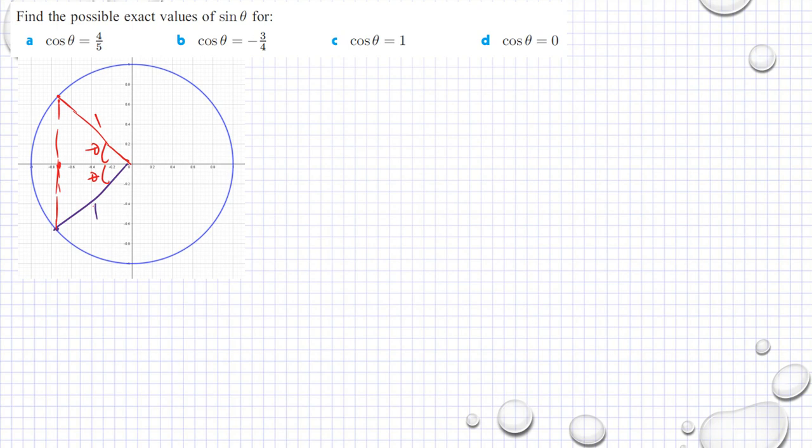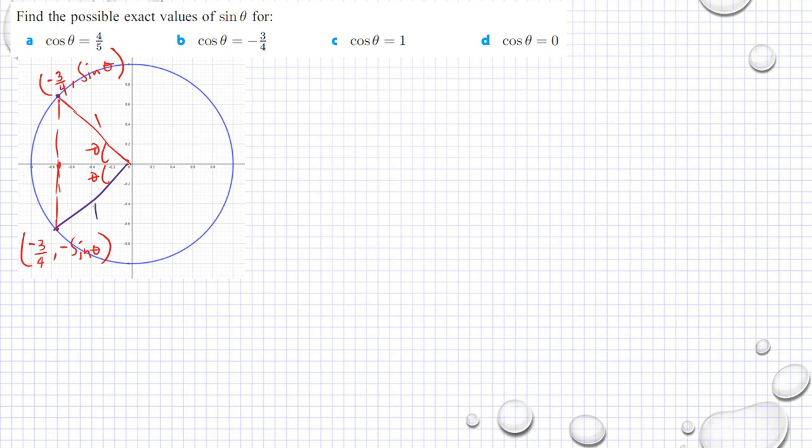Okay, so our coordinate here, I will use red. This is negative 3/4 and sine theta. And this is positive, the y coordinate is positive. And here is negative 3/4 and negative sine theta. So we have two values.